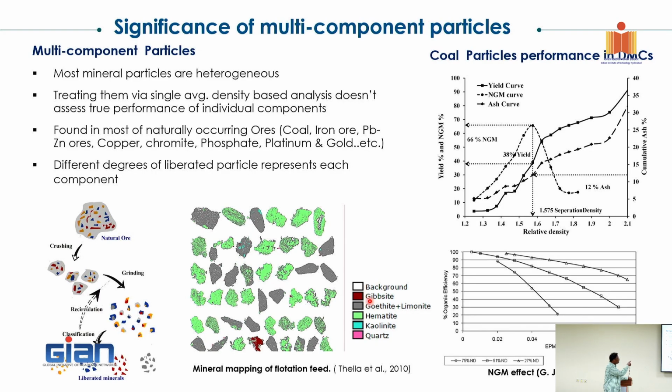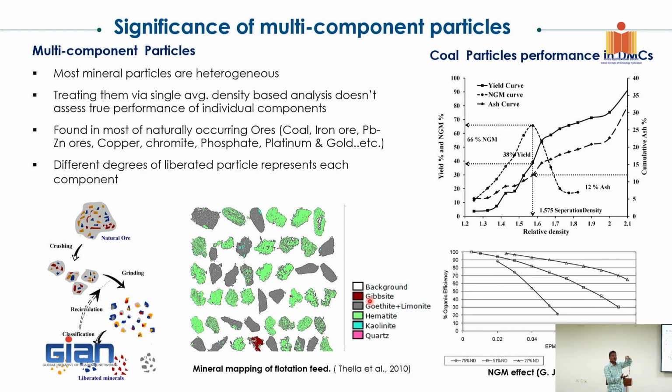But now going on to coal, where we see the dense medium cyclone, I have taken the example of coal, because coal is very well established in terms of separation dynamics. But even within that, in dense medium separation, you target one gravity of separation, like a cut density, let's say 1.4.